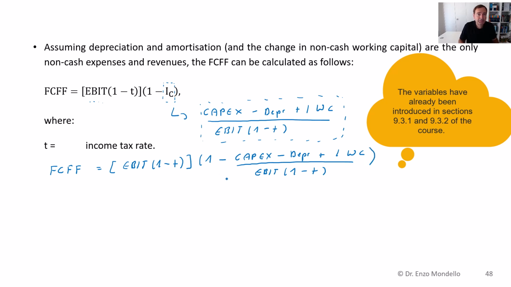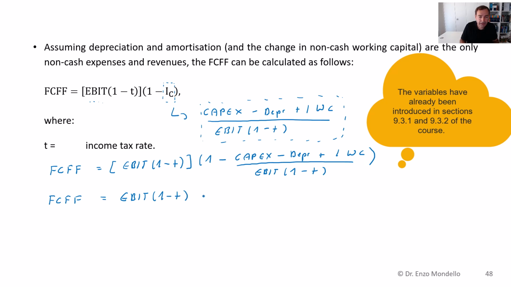And now we can multiply out this equation. To calculate the free cash flow to firm, we take the EBIT times 1 minus the income tax rate times 1. That's the EBIT times 1 minus the income tax rate.